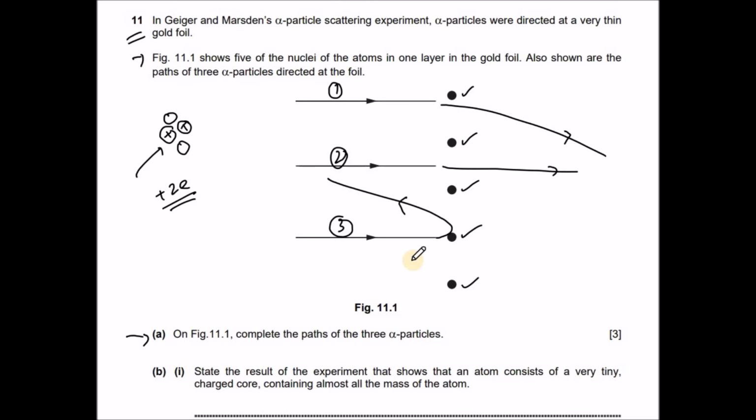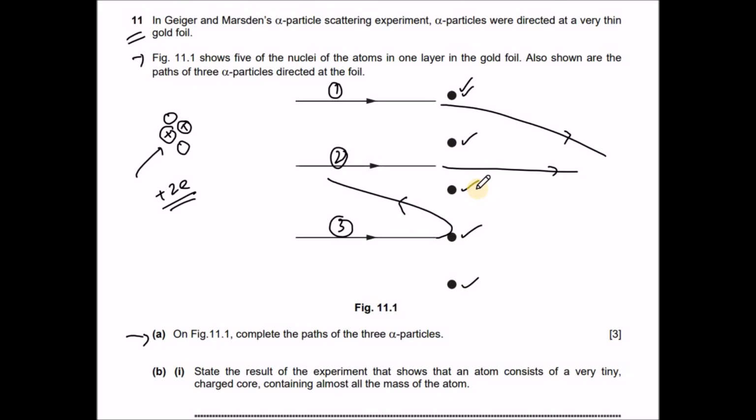And what are the reasons? Look at the first one. Alpha particles are positive in nature, and if they are deflecting down, that means some force acts on the alpha particle because of these atoms. If they are deflecting, that means the atom contains a positive charge, and similar charges repel each other.